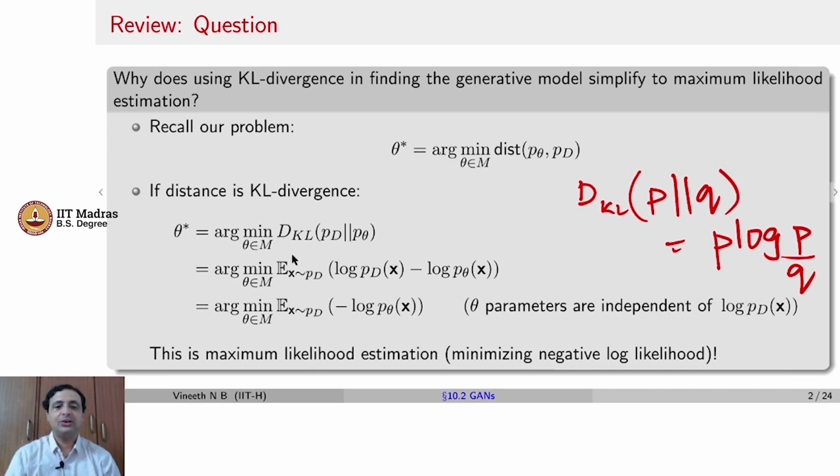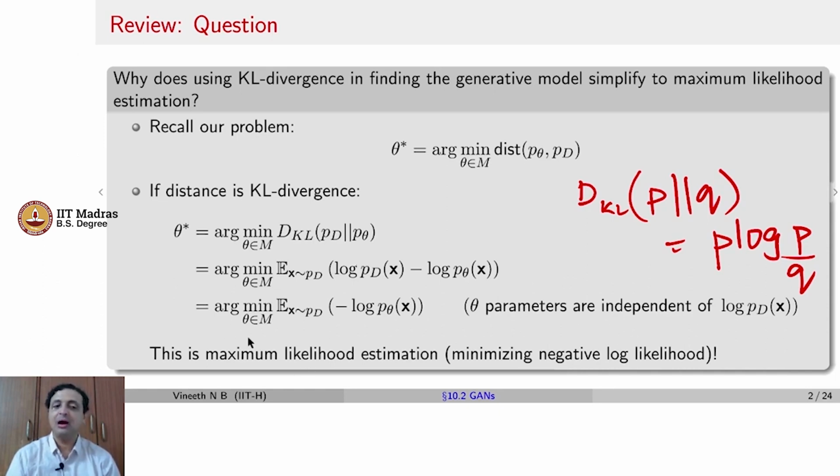So in this case, you would have the KL divergence of PD and P theta. The first term PD does not depend on theta, so it doesn't matter for our optimization. So you're left with log PD by P theta, which can be written out as log PD minus log P theta. Once again here, log PD is the distribution of data and does not depend on theta.